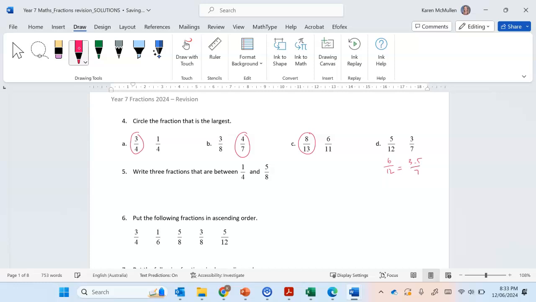So they're both equal to a half, and we can see that 3 is closer to 3.5, but again, I would be a lot more comfortable if I changed the denominator. So let's go ahead and just change the denominators.